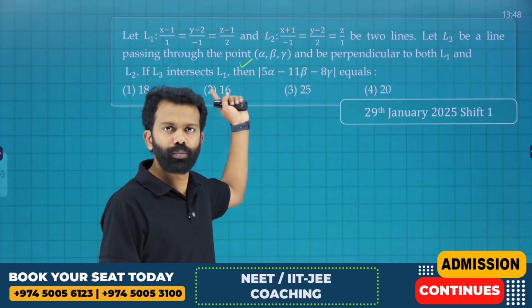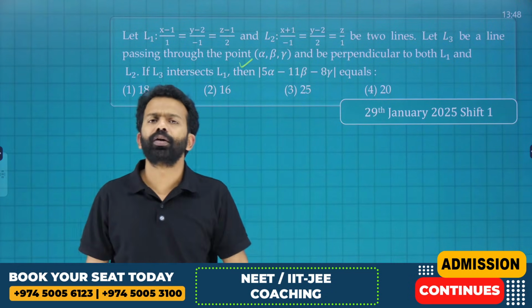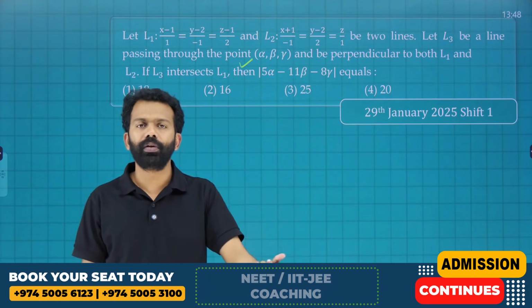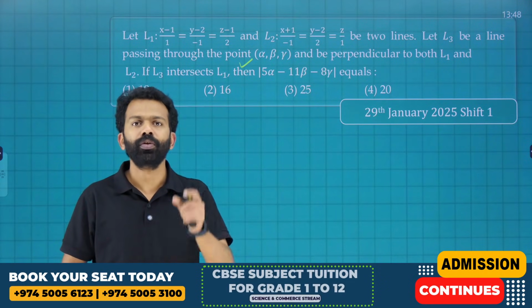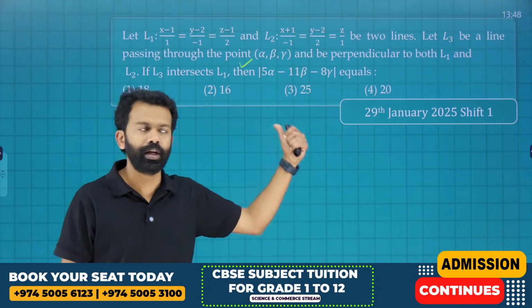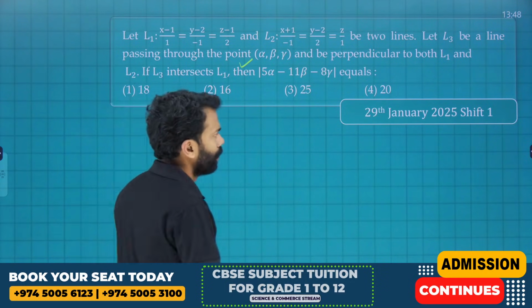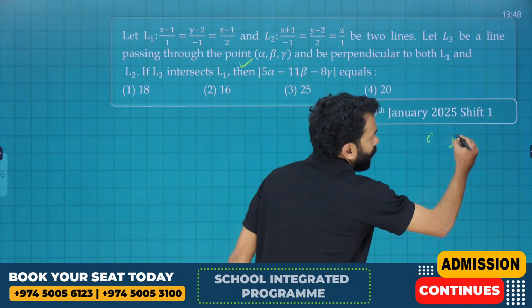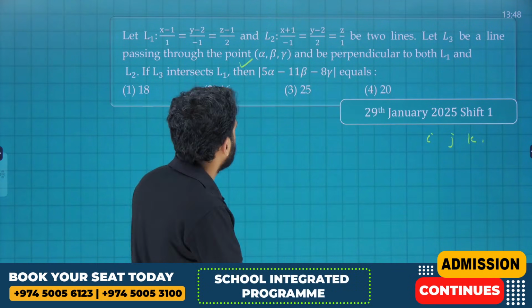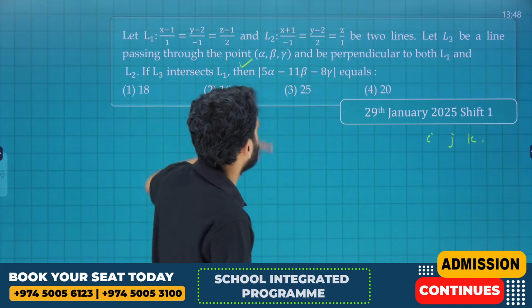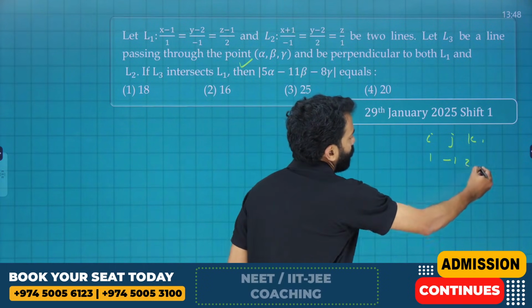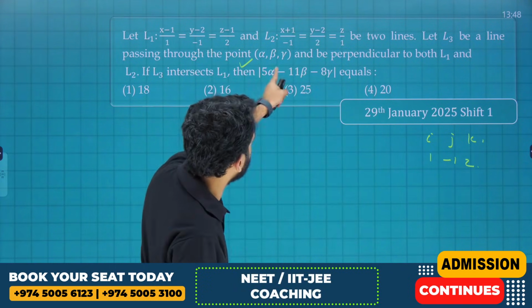If it is perpendicular to both the given lines, then take the cross product of the direction ratios of the two given lines. We will get a direction ratio which is parallel to this line. So that is i, j, k. I am formulating the direction ratios first: 1, minus 1, 2, and the next one is minus 1, 2, 1.